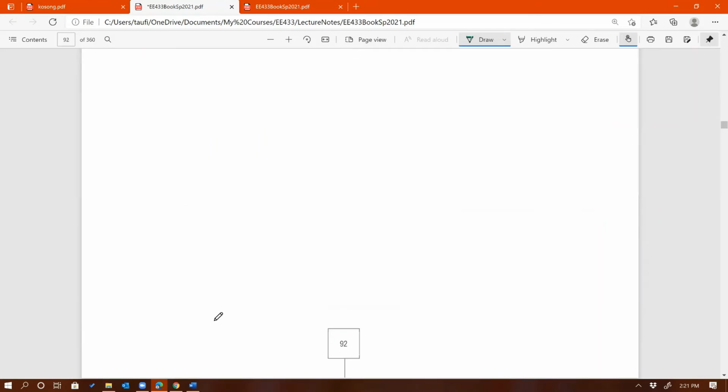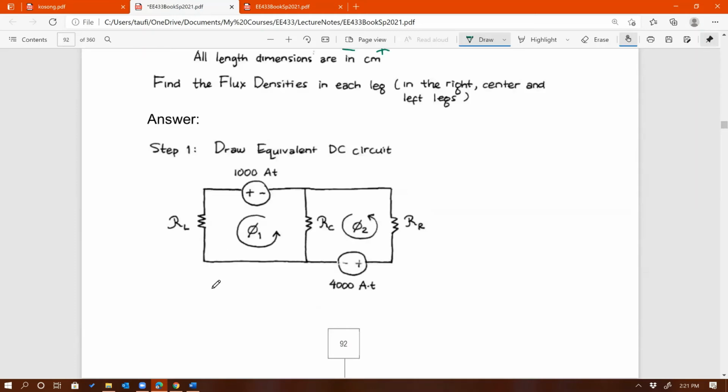Okay, left-hand loop, you can see that we have 1000 equals flux 1 times RL, and then flux 1 minus flux 2 times RC. See that, right? So 1000 is equal to flux 1 times RL plus flux 1 minus flux 2 times RC. So that's what I should have for the left-hand loop.